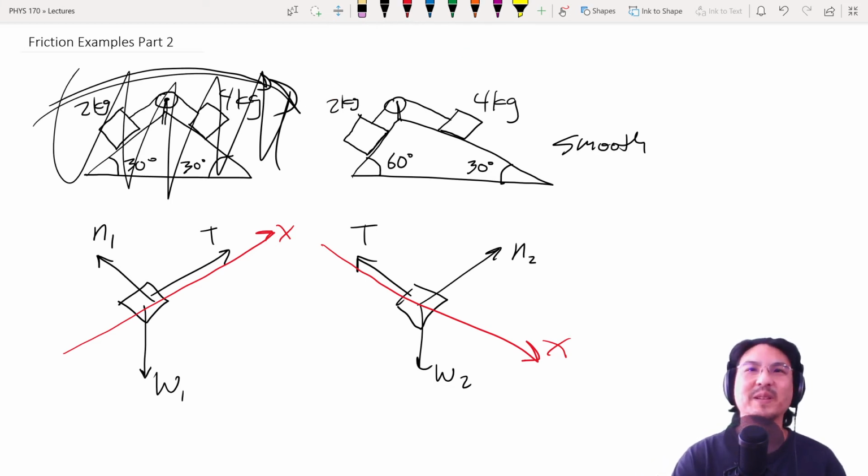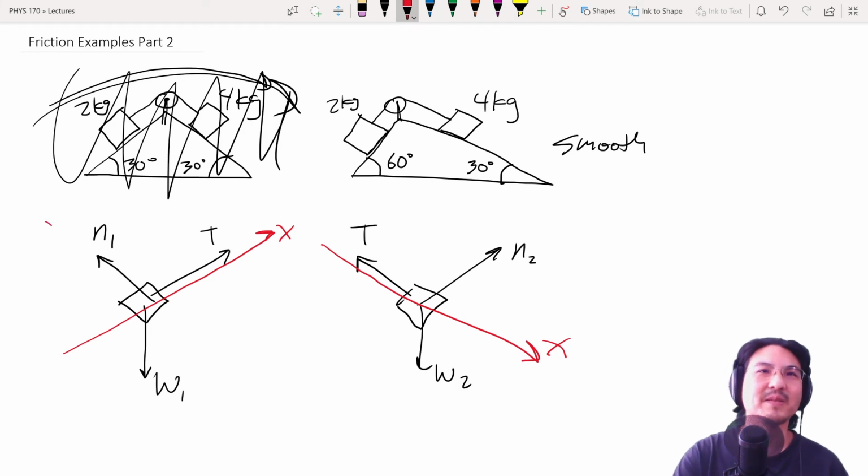All I need to do is solve for the acceleration. If the number is positive, then I guessed correctly. If the number is negative, then it's just sliding opposite the direction that I drew my arrows.